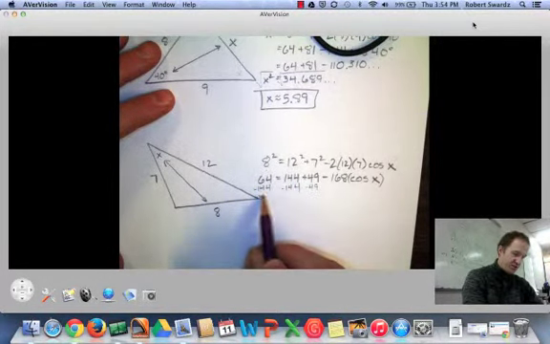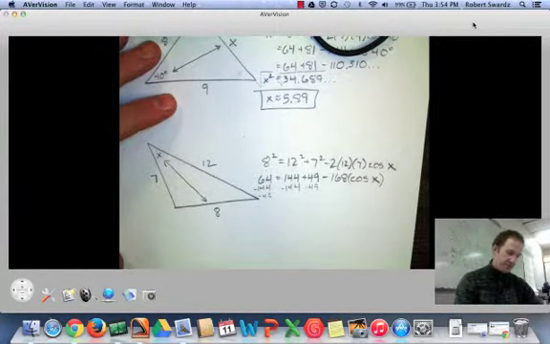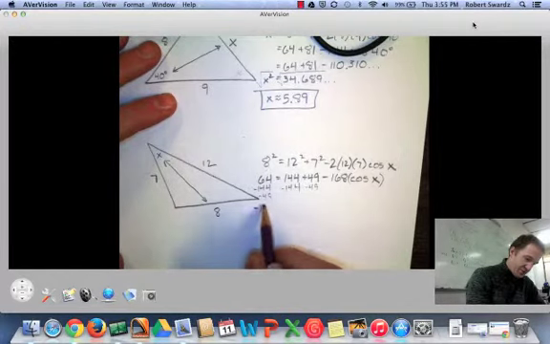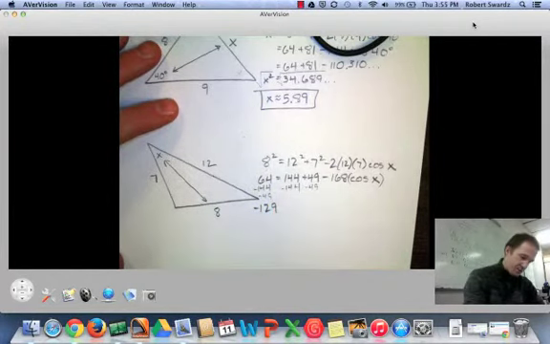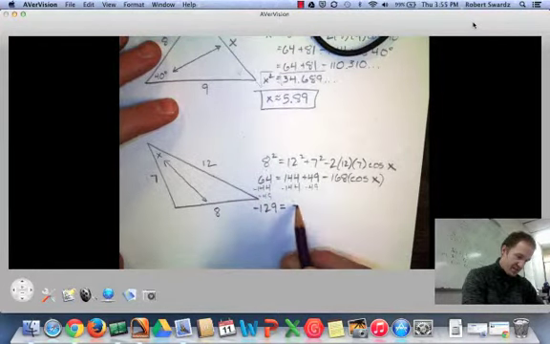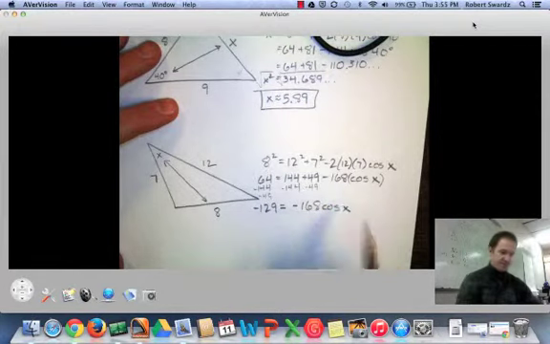I'm going to do that all in the same step so I save a little bit of space here. Let's see, 64 minus 144 minus 49 gives me negative 129 equals, I still have this minus 168 cosine x.